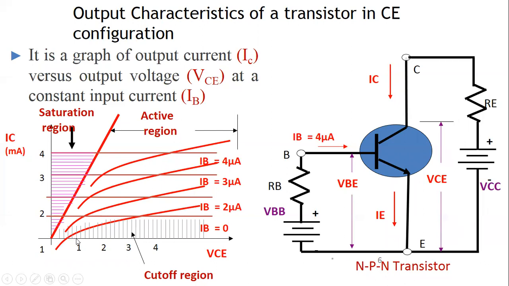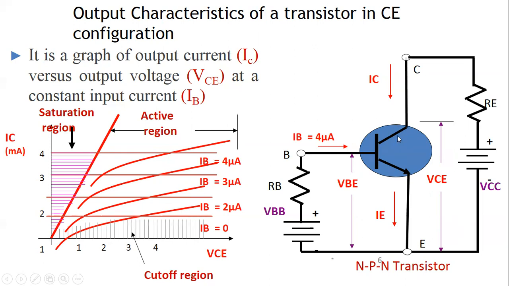As soon as we increase the voltage VCE, when IB equals 0, we get a certain straight line, not a very huge variation. We can say that when IB is equal to 0, this junction is off, so no current is going to flow from emitter to collector.